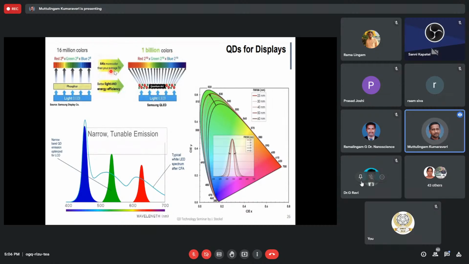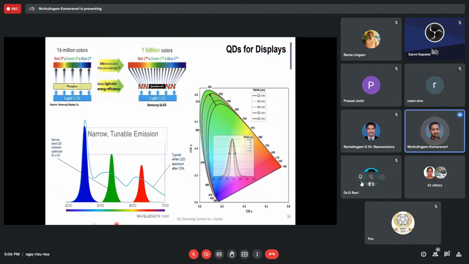So this is 64 times more colors than the normal LCD TV. For the backlight, both use blue LED lights, but they achieve brighter, more saturated color and also better energy efficiency by using quantum dots.